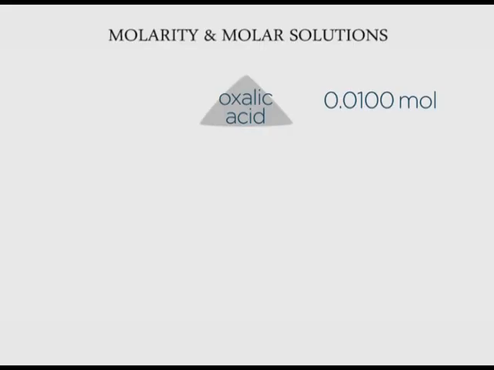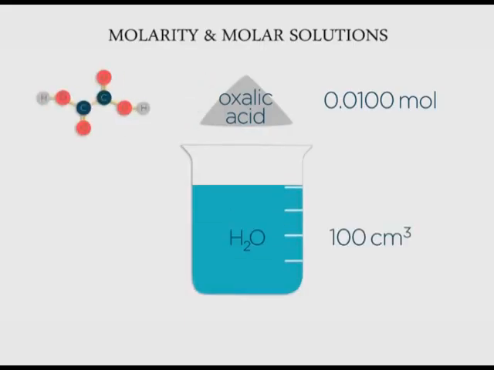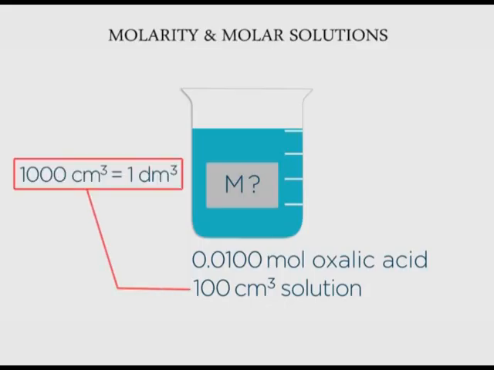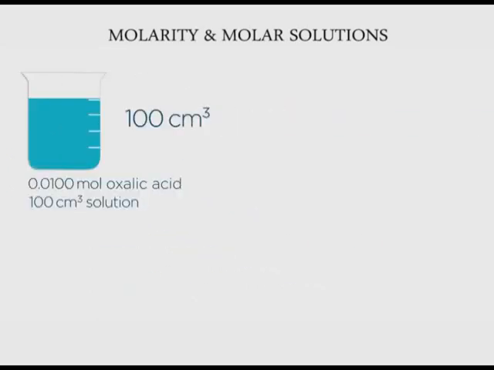Consider 0.0100 moles of oxalic acid added to 100 cubic centimeters of water. You can work out the molarity using the 100 cubic centimeters or first convert the volume to cubic decimeters. Just remember, 1,000 cubic centimeters is 1 cubic decimeter. If you want to work with cubic decimeters, first divide the volume by 1,000.